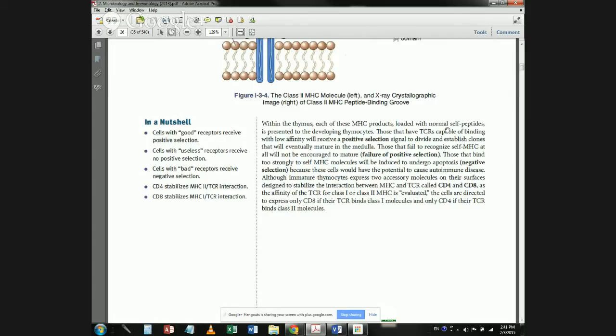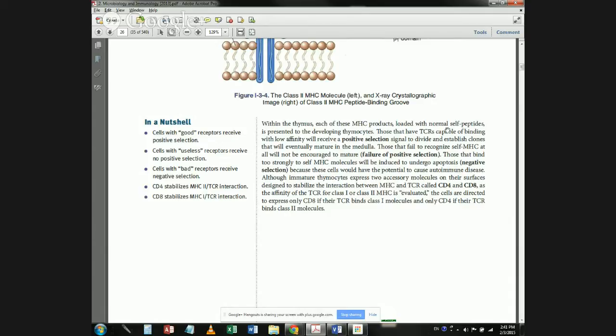Although immature thymocytes express two accessory molecules on their surfaces, right?